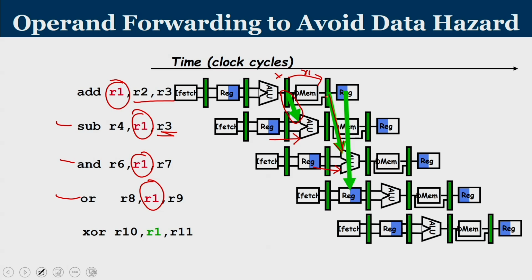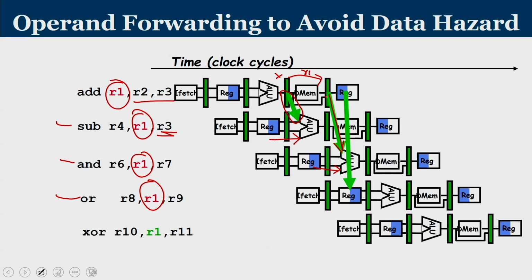So, you know that in the case of a subtraction instruction, the output of the ALU should be given to the input of the ALU. In the case of the AND instruction, the output of the MEM stage has to be given to the input of the ALU. Whereas, when it comes to the OR instruction, we can see that it is a direct forwarding from register to register.